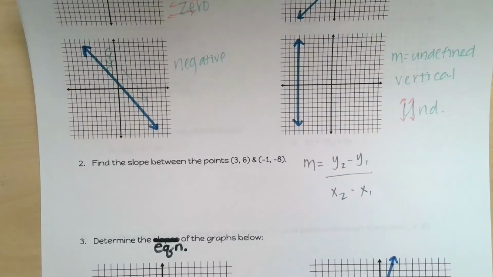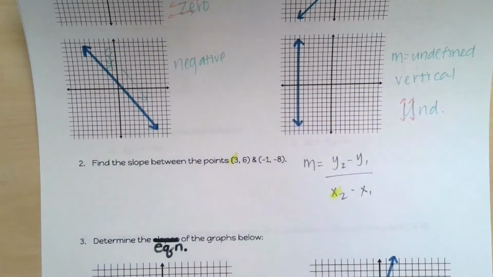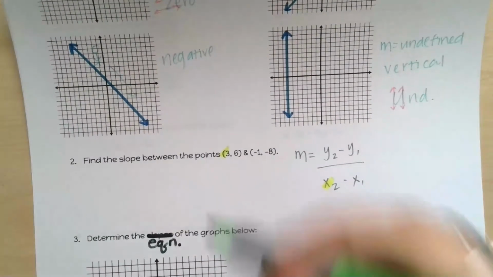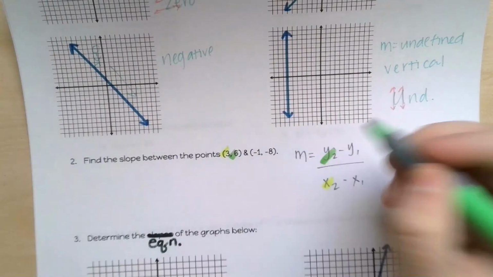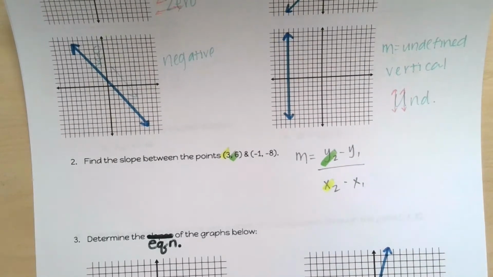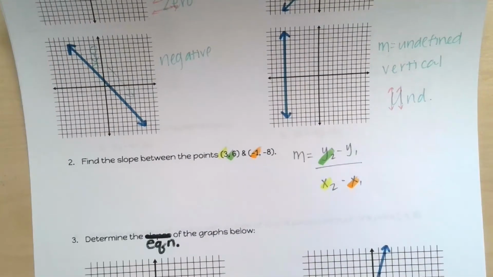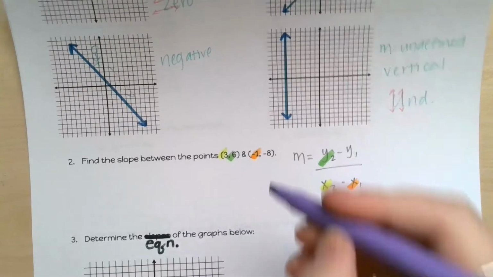So if we color code, this can be our x2, this can be our y2. It doesn't matter which is our first ordered pair or second ordered pair, as long as you are consistent with how you plug them into the formula. Okay, so our x1, and then finally our y1.